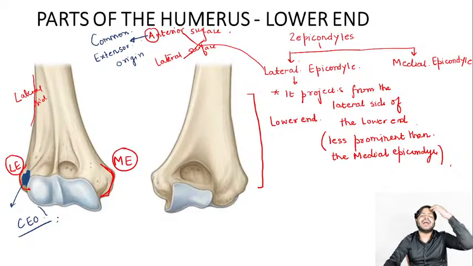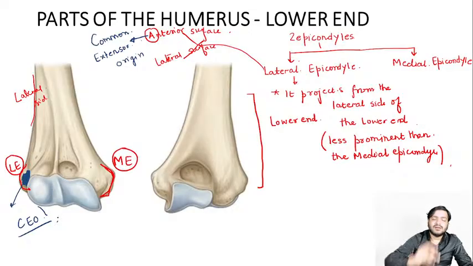Okay, in extension, is the angle decreased or increased? Just let me know what is actually happening to the angle between the arm and the forearm. That I also want to know.